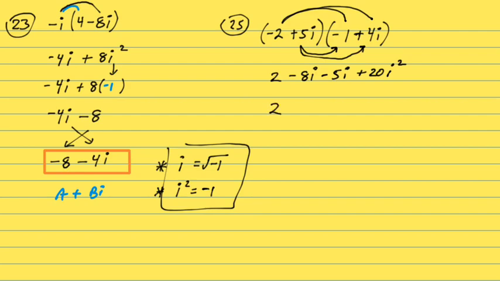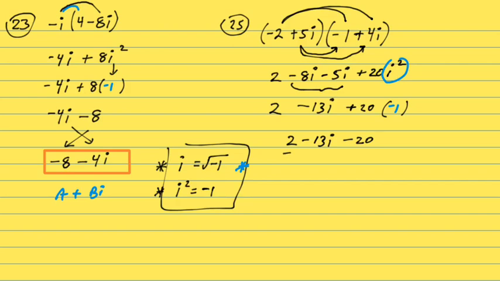Now, can you combine negative 8i and a negative 5i to get negative 13i? Do you know that i squared is negative 1? So you have, let's see what we have here. We have 2 minus 13i and I think minus 20, right?